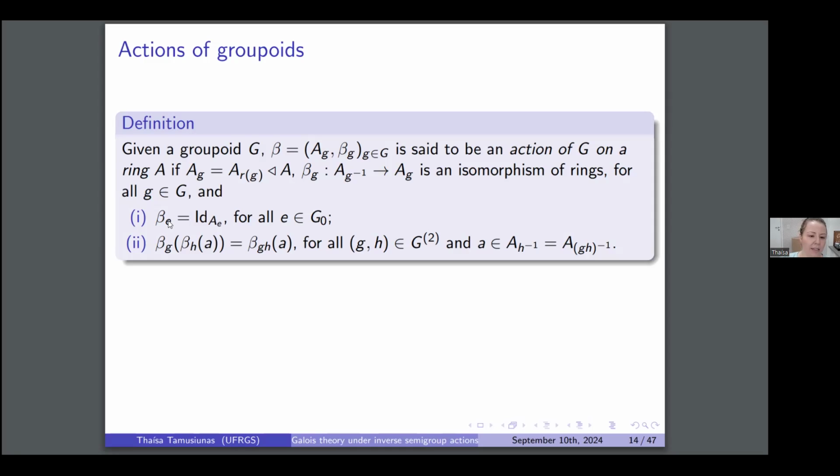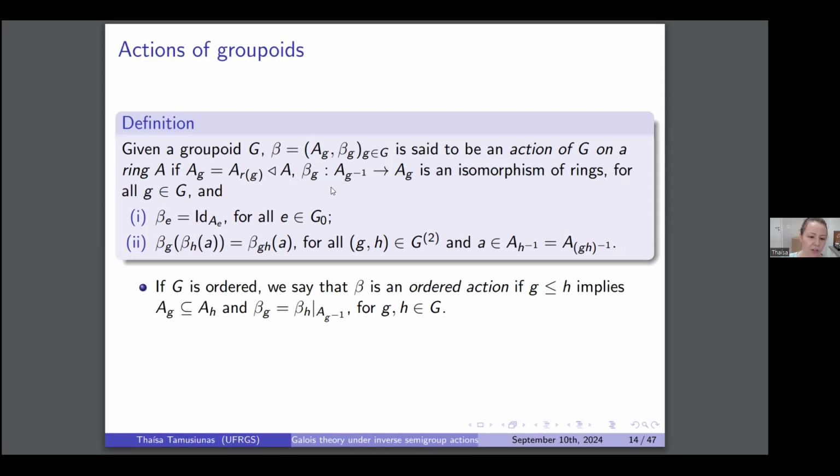The identity maps on the identity of these ideals, and this composition applied on a is the product gh, where it makes sense, I mean, where this product is defined and the element a is in the appropriate domain. So this is an action of a groupoid on a ring.